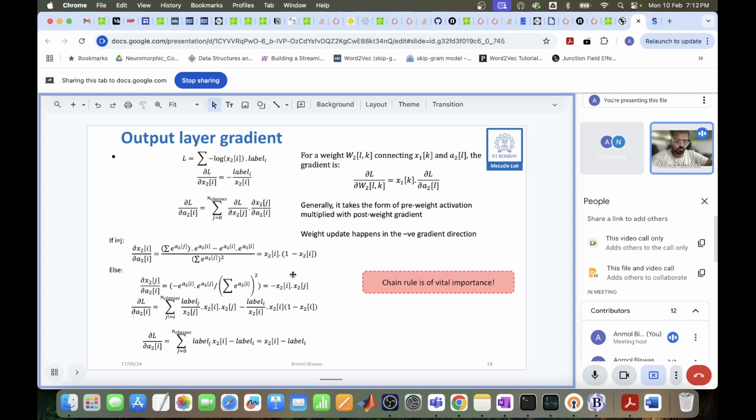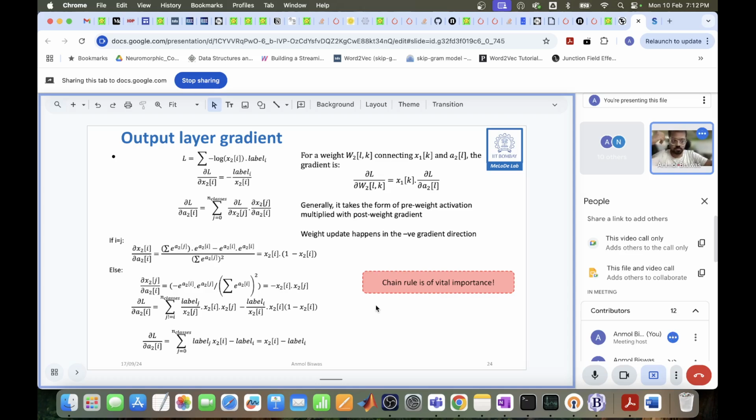Once you have figured out what updates need to be applied to the weights, it's all done. So you have a complete understanding of how this network would learn, basically.